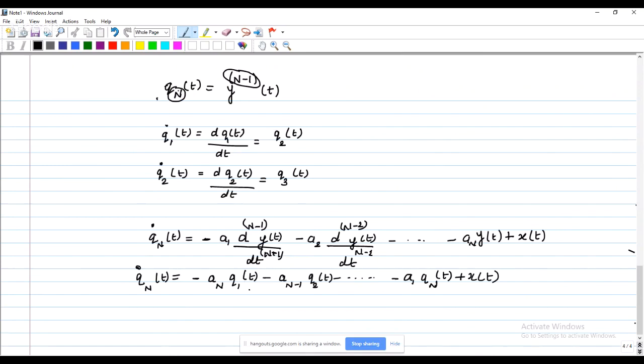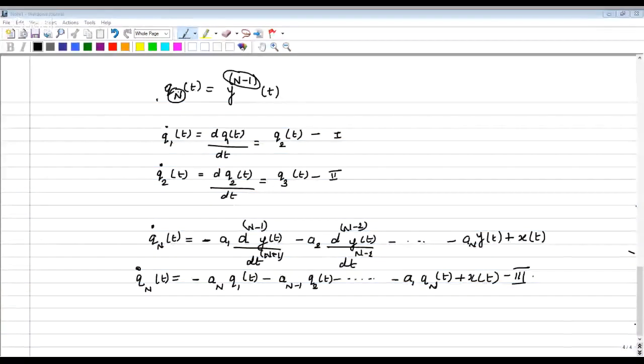Agreed, everyone? Everyone understood how I got this equation? I called this equation 1, I called this equation 2, and I called this equation number 3. How many people understood what I said right now? Please reply.